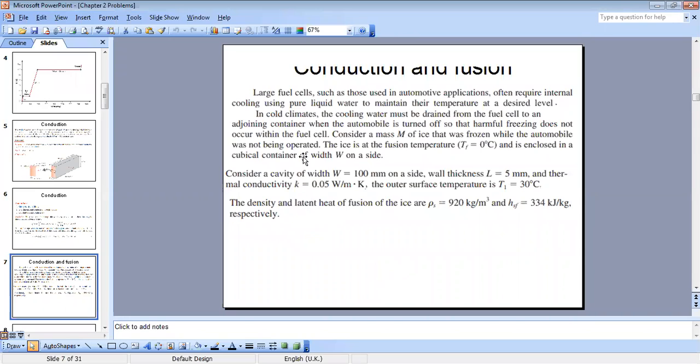Now, we will consider an example where we have a mixed transfer by conduction and fusion. So in this problem, we will see how energy can be transferred by conduction in order to, let's say, be transferred into latent heat.